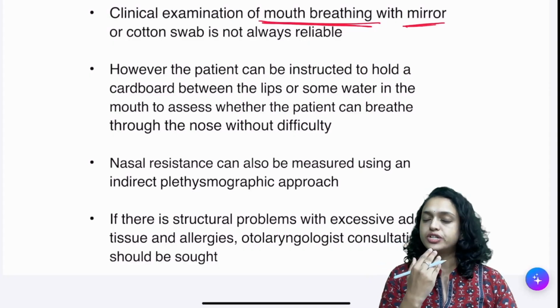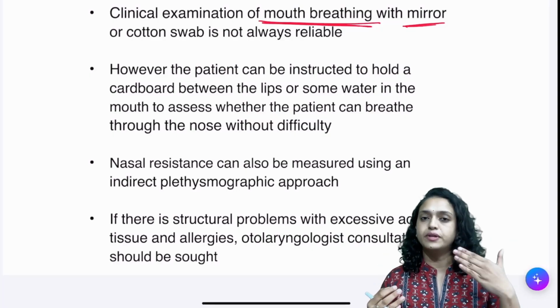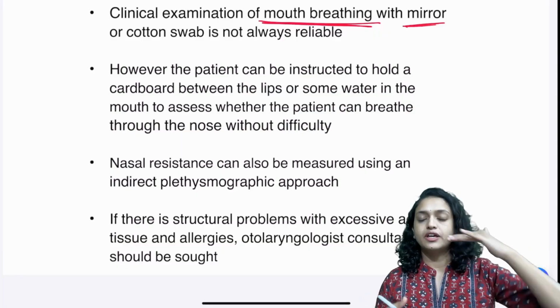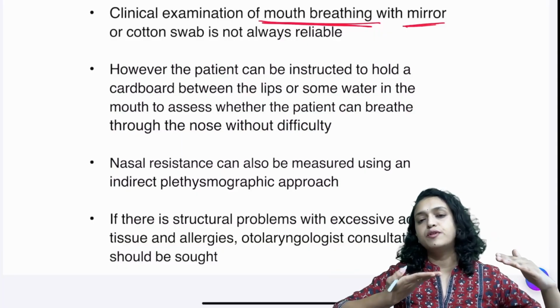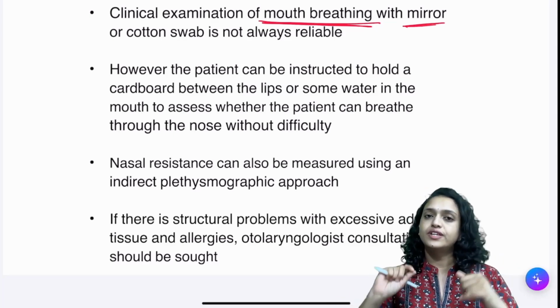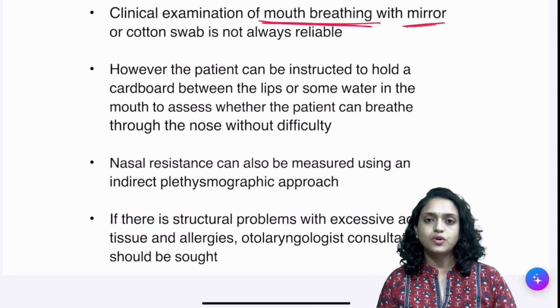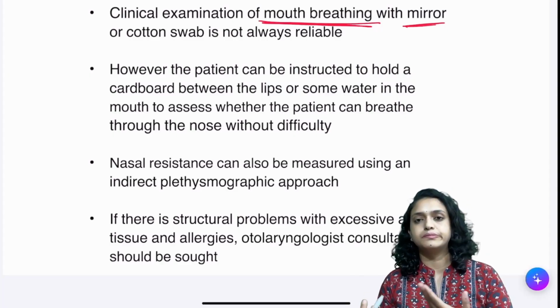When the patient breathes through the nose, there is fogging of the mirror from the nasal area. If the patient breathes through the mouth, there will be fogging of the mirror near the oral area. So with which area of the mirror is getting fogged, we'll be able to make out the breathing pattern.